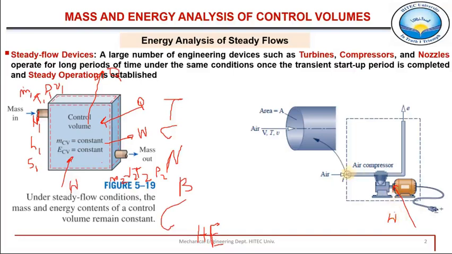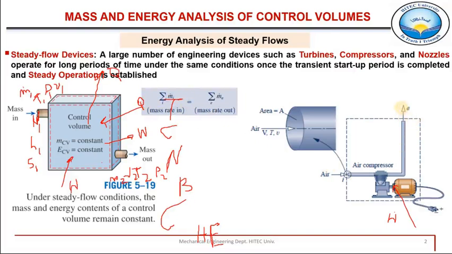Right. So for a steady flow system, we also said that the total amount of mass which enters the system is also equal to the total amount of mass which is leaving. Right.